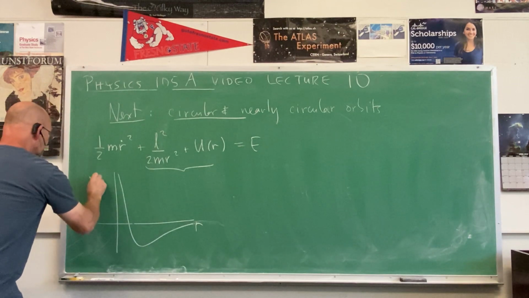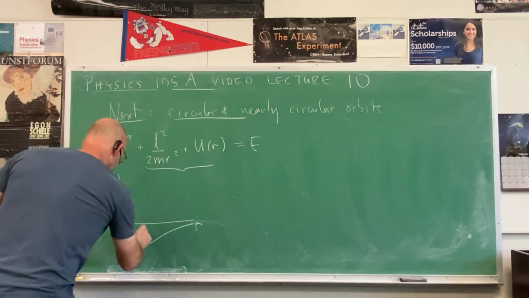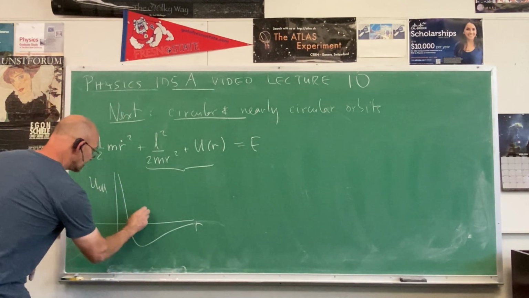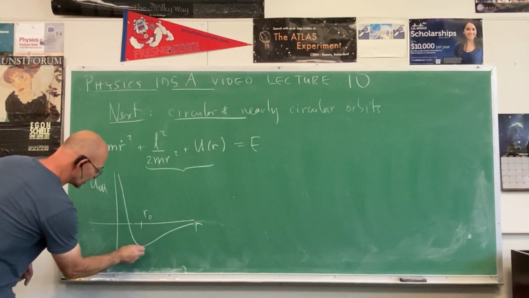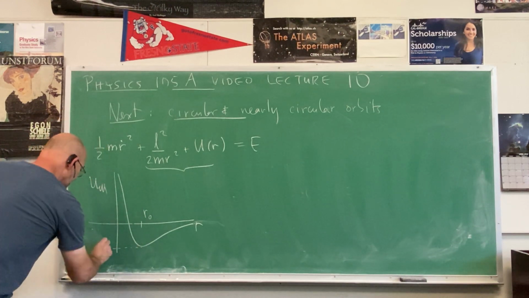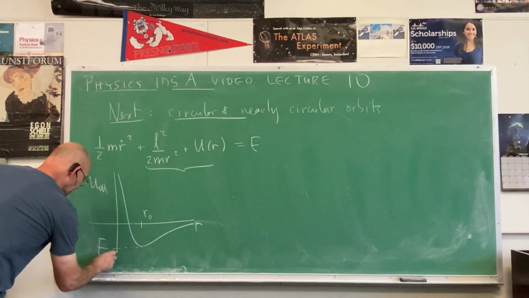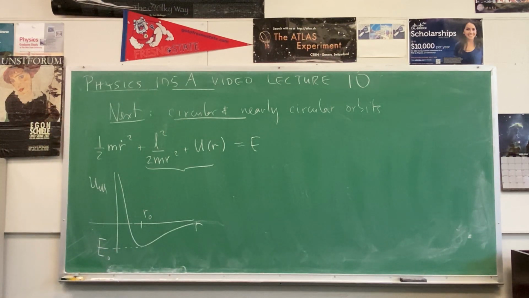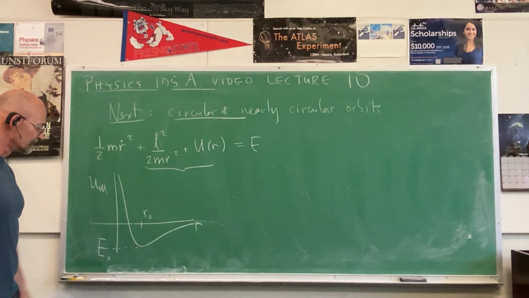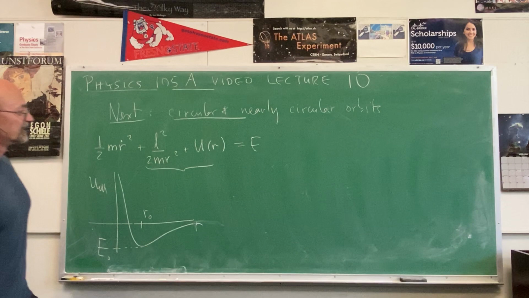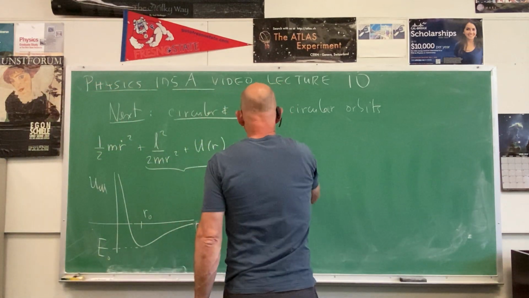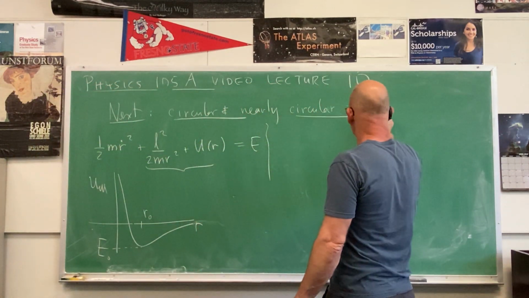Our effective potential has clearly the circular orbit right here, r sub 0, and what I like to call E sub 0, the energy corresponding to that circular orbit.